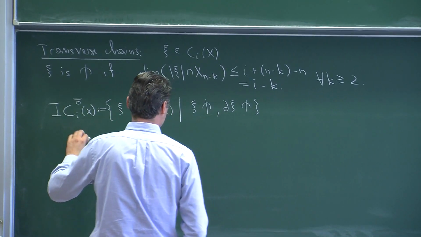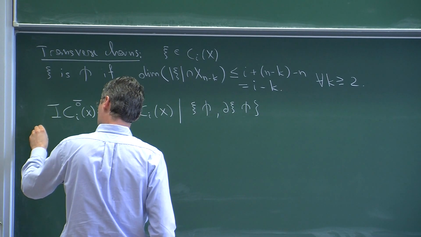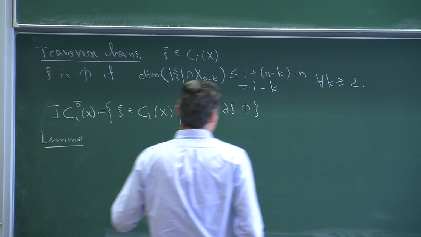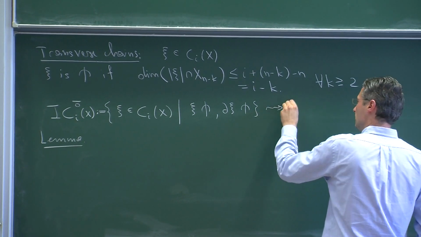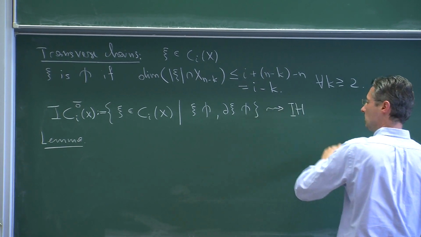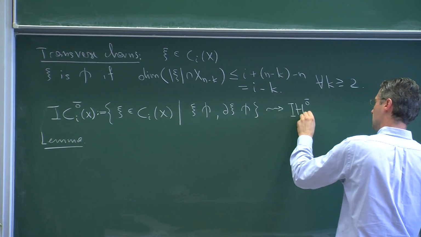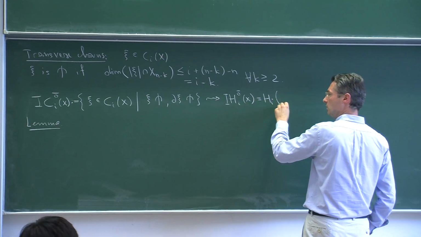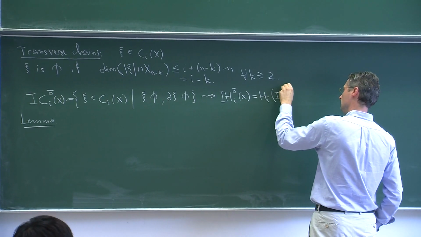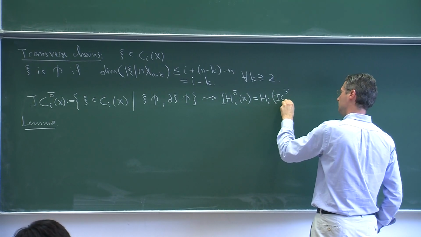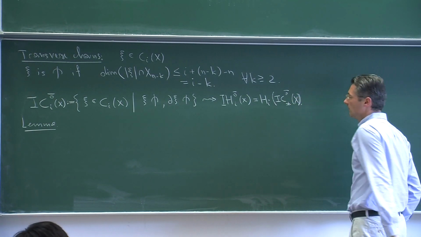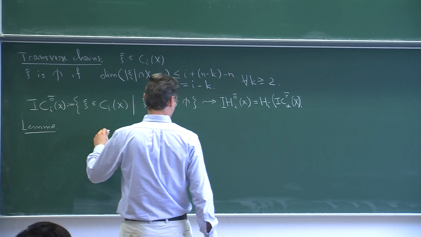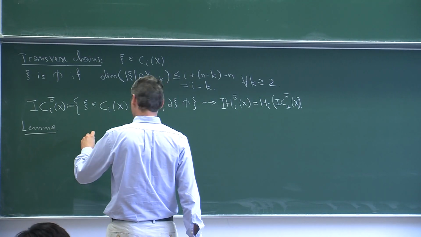Now let's think about the following lemma. So this leads, of course, to homology groups, which I call IH0, I of x. That's just the homology of that chain complex, of course. So I want to think about cap product with the fundamental class.